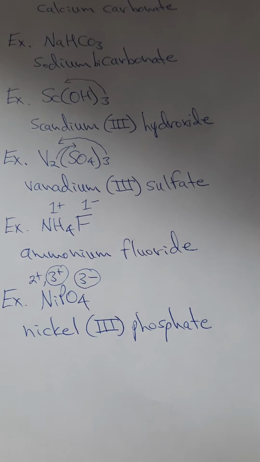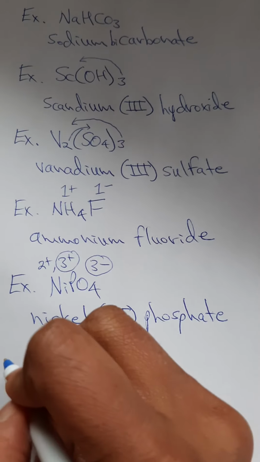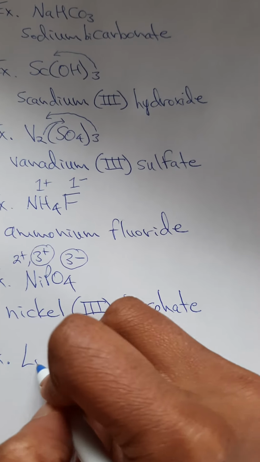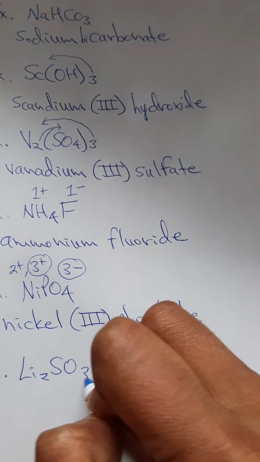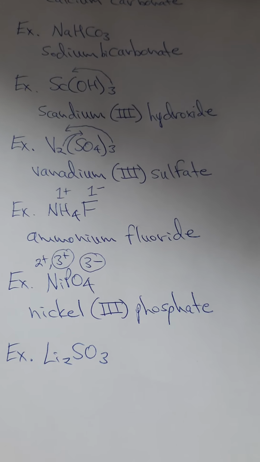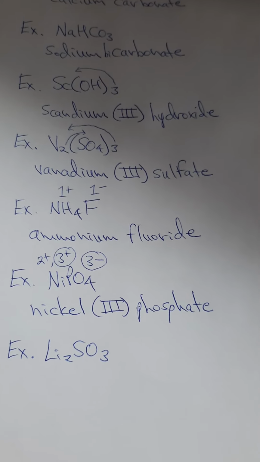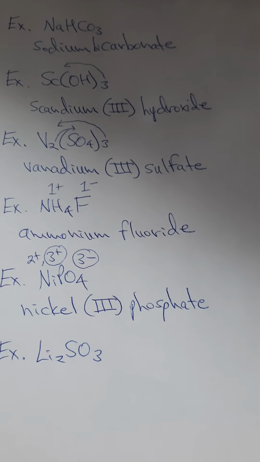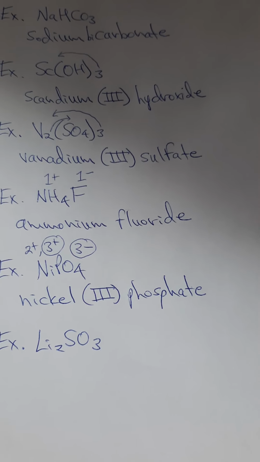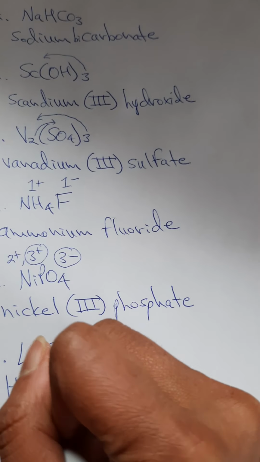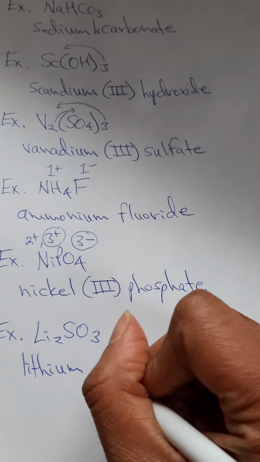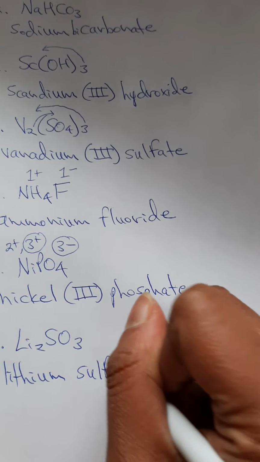All right, good. I want to show you this one compound. The reason for this is, I notice this is Li2SO3. Now I notice it's not SO4. SO4 is actually sulfate. If you remove one of the oxygens, in this case it becomes SO3, and it becomes sulfite. Li is lithium, and then SO3, not sulfate, but sulfite.